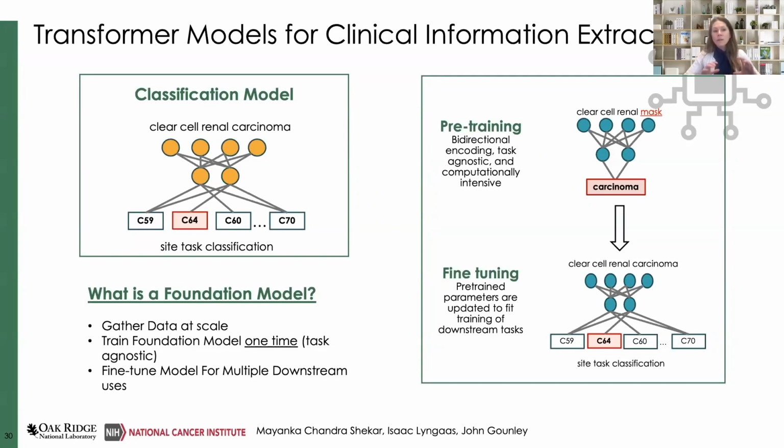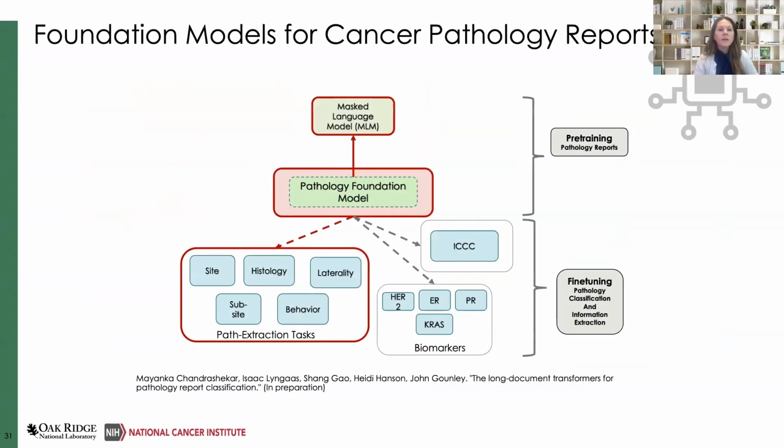So the beauty of this foundational model is we can have all of that information pre-trained, and then we can switch tasks fairly rapidly, depending on what we want to look at. And so what we have done is we've started with our first information extraction tasks: site, histology, laterality, subsite, and behavior.